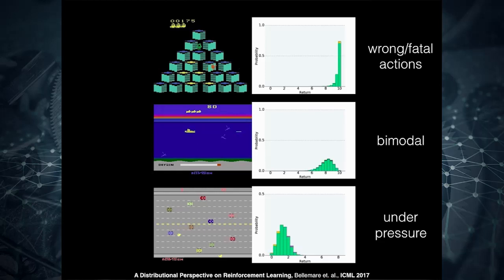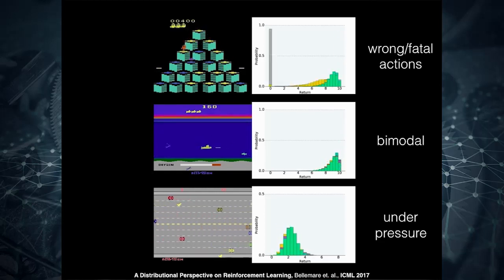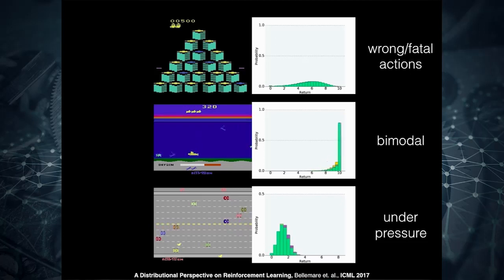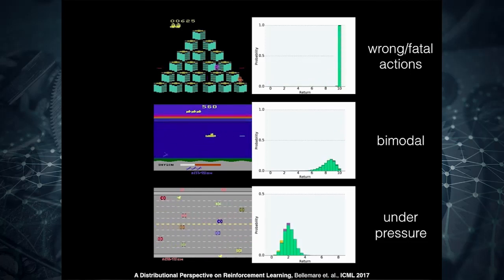Here, with this chicken, you can see from the distributions that it differentiates between actions better under pressure. Otherwise, it's all the same distribution. There's a lot one can learn from how your training is progressing when you use distributional RL as well.